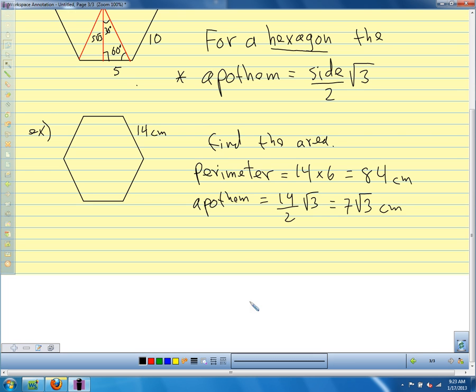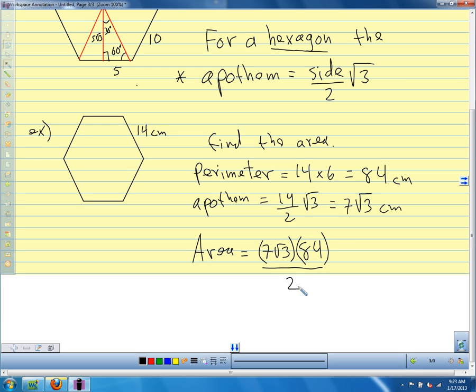And now we can plug this into our area formula. The area is the apothem, 7 square root 3, times the perimeter, times 84, divided by 2. And I'm going to plug that into my calculator, and I'm going to leave it in simple radical form.